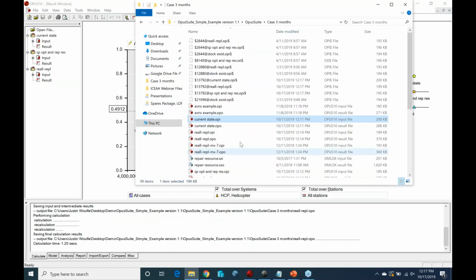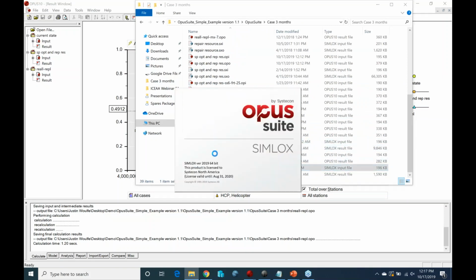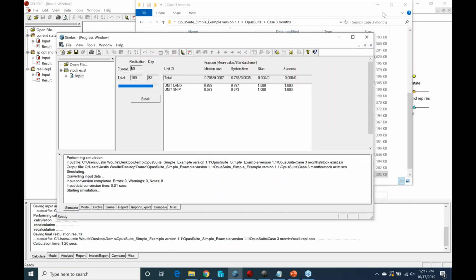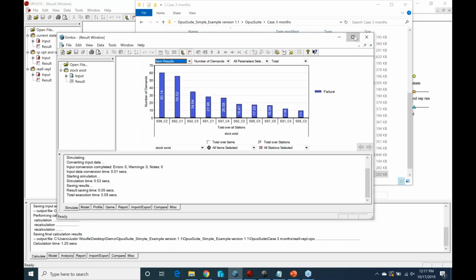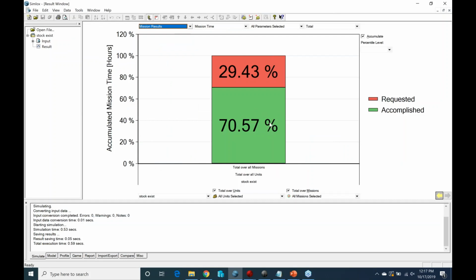So we can take these same models and actually start to simulate what this looks like. We'll run a quick simulation of that same 49% A sub O that we were just looking at, and in real time, using multi-core processors, I'm able to show what the mission results are associated with that 49% A sub O. Here, we're going to accomplish 70% of the requested flying hours.